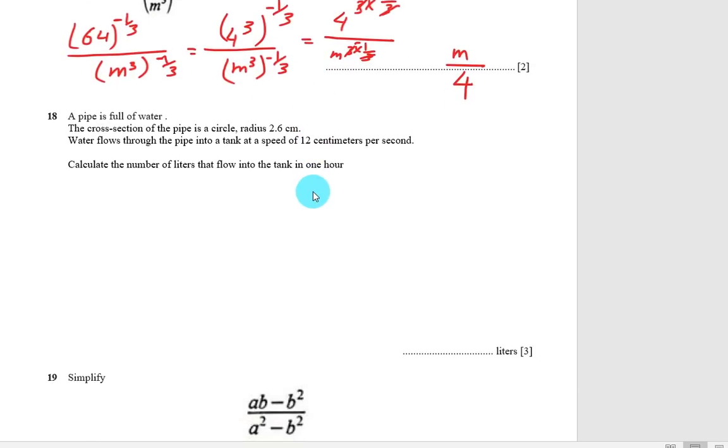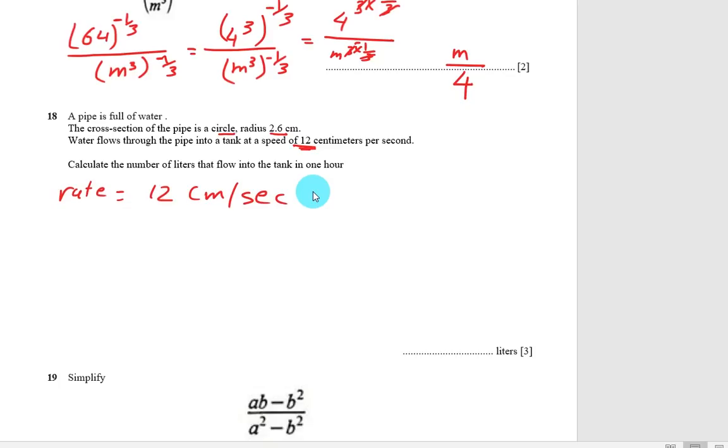A pipe is full of water. The cross section of the pipe is a circle. The radius is 2.6. Water flows through the pipe into a tank. Speed is equal to 12 centimeters per second. So the rate is equal to 12 centimeters per second.